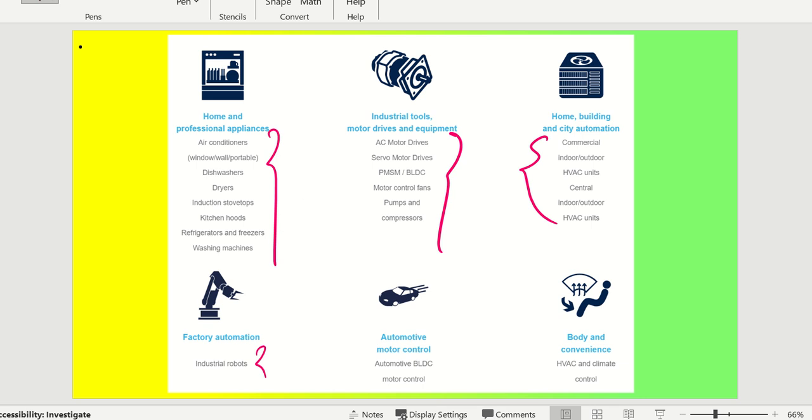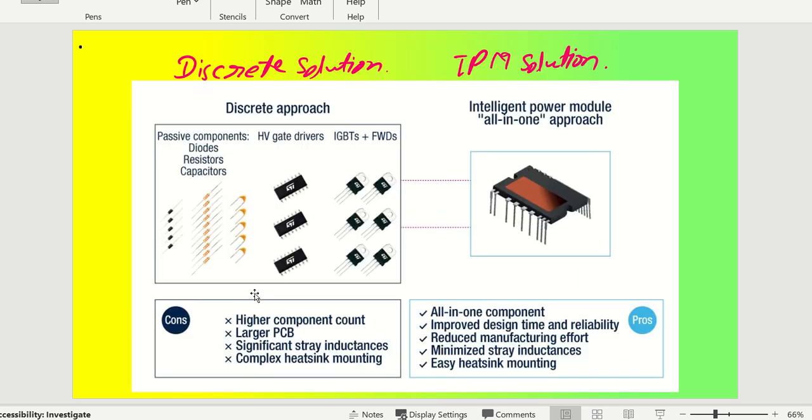All right. Now the advantage of this IPM, as I had told you, is that initially we had a discrete approach, putting separately diodes and resistors, capacitors. We have gate drivers in the middle. Then we had IGBTs and diodes, right? So these all put together are now being made into IPMs.